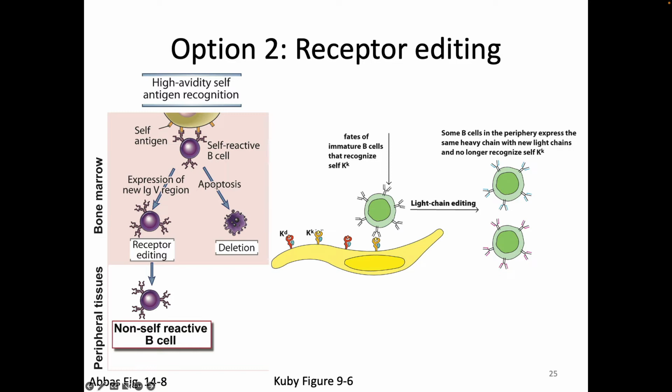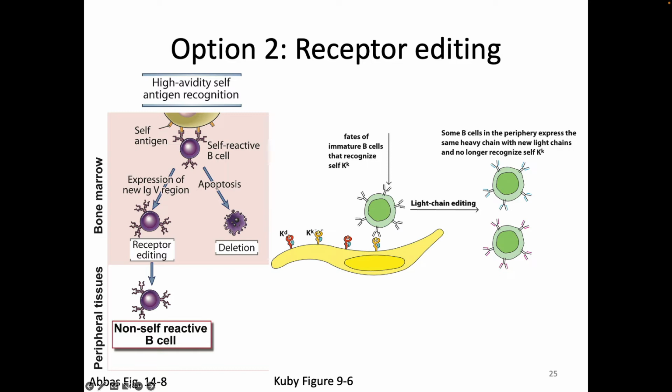And when it undergoes receptor editing, it will make a different light chain, either maybe this blue one or this pink one. But it's still stuck with that same heavy chain. Of course, it's the combo of the light chain and the heavy chain that's important for which antigen you bind. So just by changing the light chain, you get to bind a different antigen. This is such a nice image, except that they changed both the heavy and the light chain in it. It makes me sad.